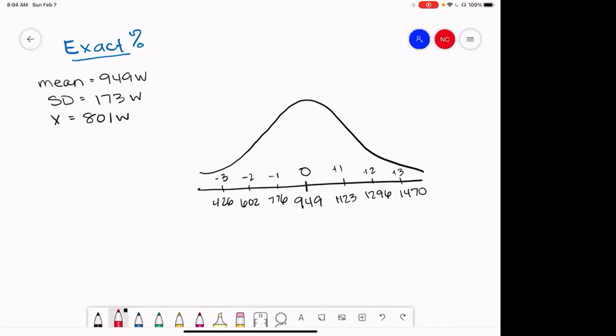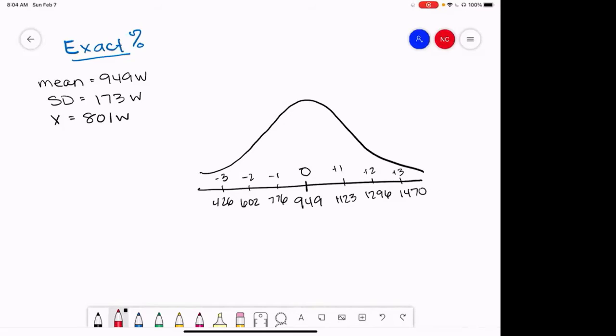That's how we calculate exact percentiles in samples. With the distribution, you can pretty easily guesstimate, right, without actually calculating it, just visually. You can guesstimate where 801 would lie just based on the number line on our x-axis.